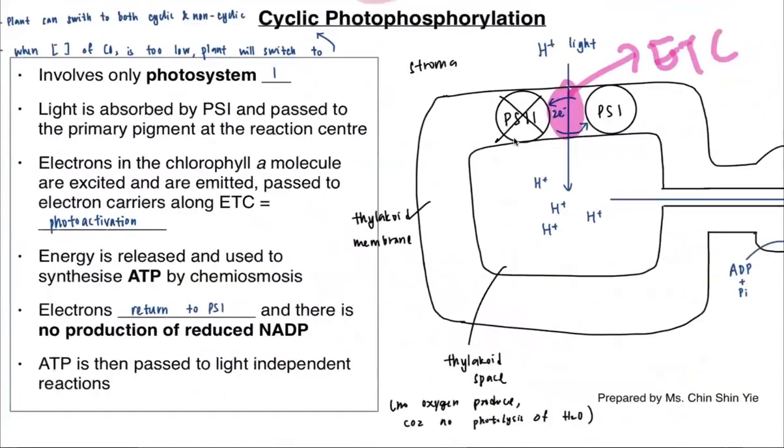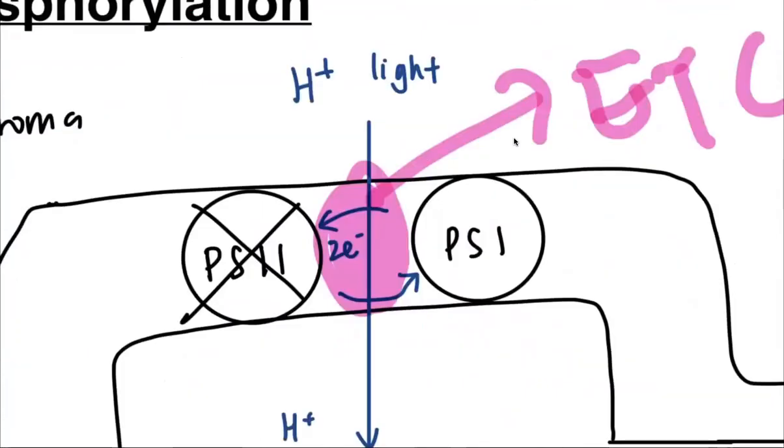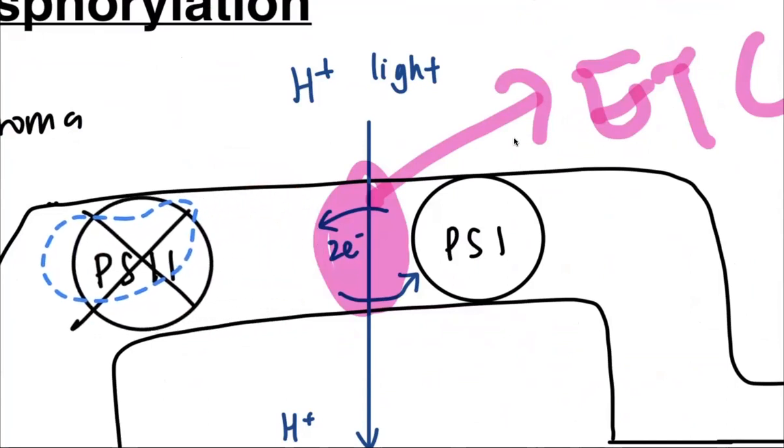And for cyclic photophosphorylation, we see what happens. Here, photosystem 2 is not involved, so in a way you can just ignore it. Sunlight coming in will excite the electron of the chlorophyll.